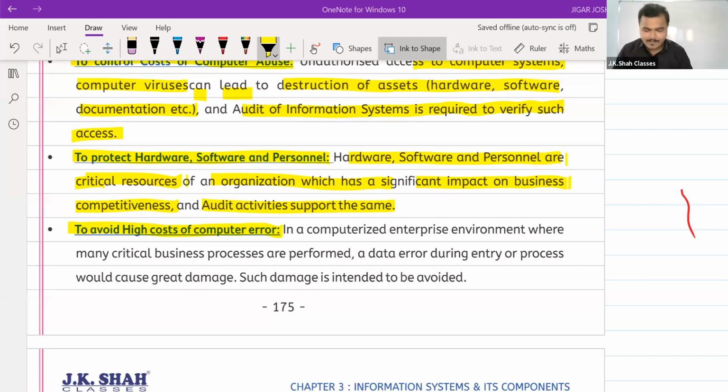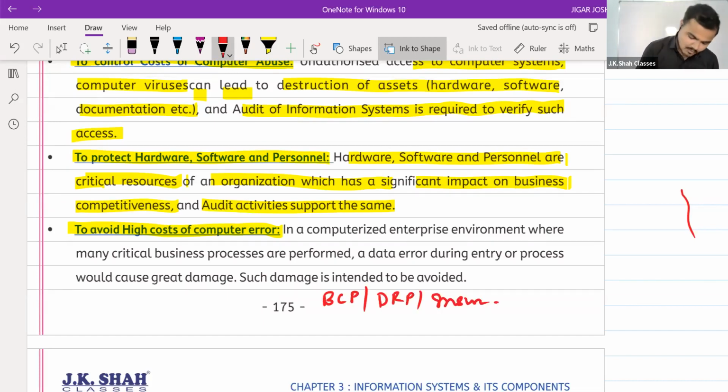So if I have a business continuity plan, a disaster recovery plan, and have already taken insurance, will I automatically be able to avoid the high cost of computer errors? Yes. In a computerized environment, where many critical business processes are performed, a data error during entry or processing could cause great damage.